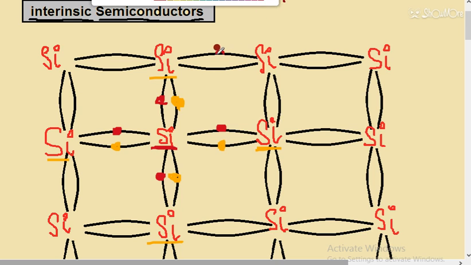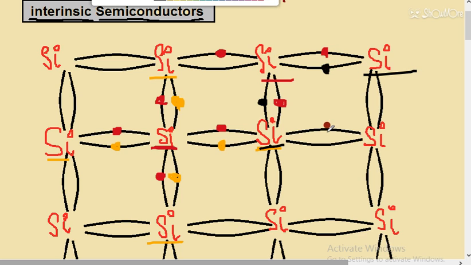Again this silicon, suppose these are the electrons of this silicon, again this is the electron from this silicon. One more, so it has 4 electrons, so one is shared, in this way.